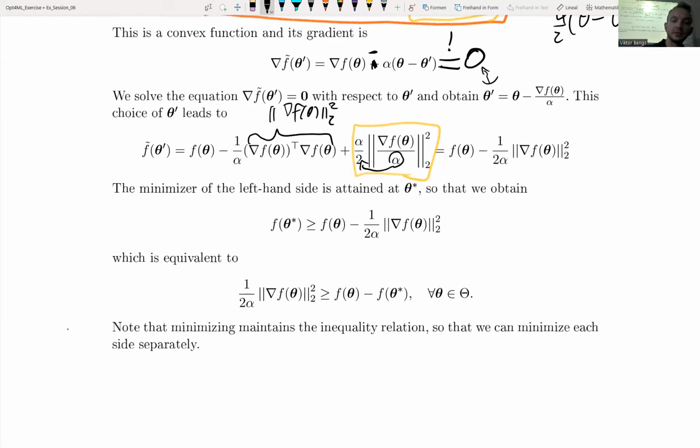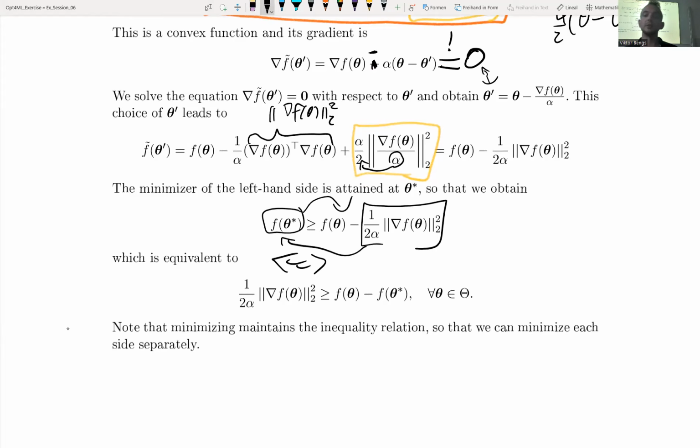We rearrange this. We bring this thing here on the left-hand side. We bring this here on the right-hand side. We get this one, what we wanted to show, so the PL inequality. All right, good.